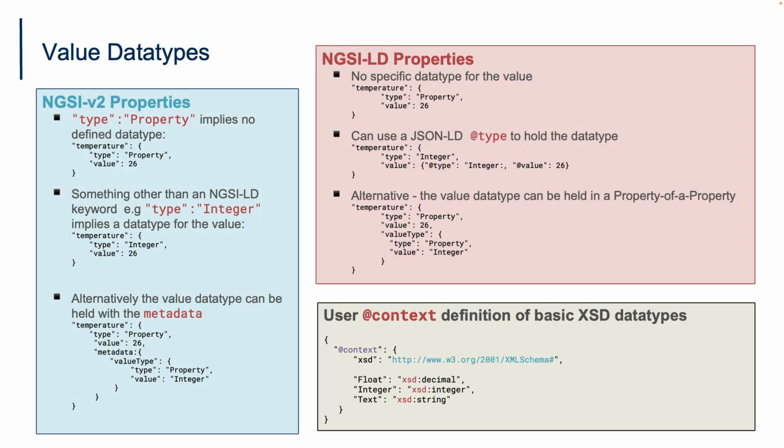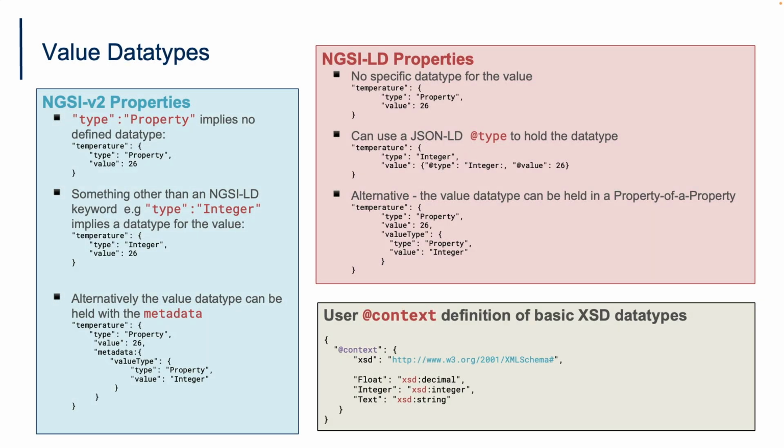There are multiple different ways you could define your value type. If you just define it in NGSI v2 with the type property, you've not actually got anything beyond the definition of, yeah, this is a property of some sort. If you want to imply that the value is somehow an integer or a string or a text or what have you, you can in NGSI v2 rename the type according to your preferred system.